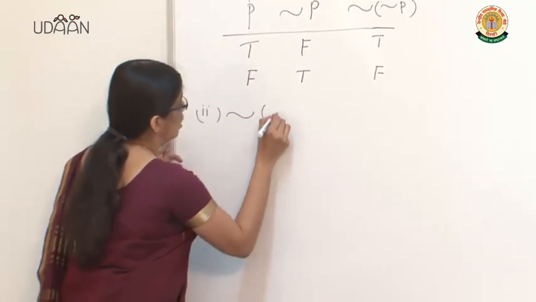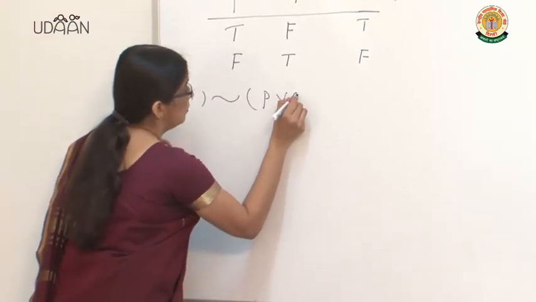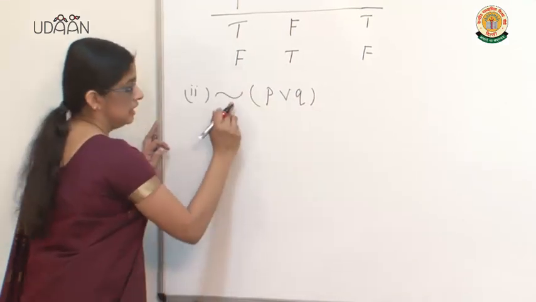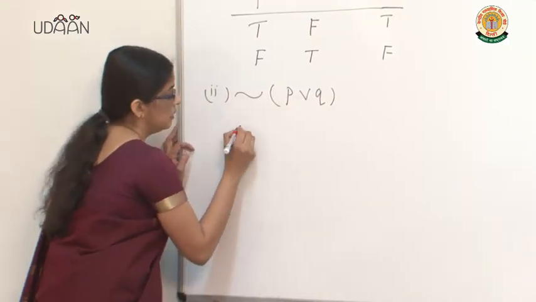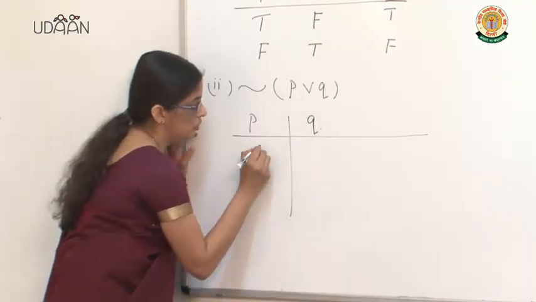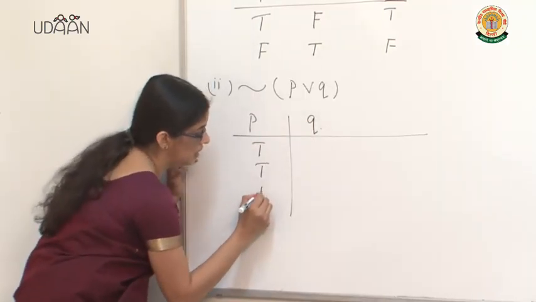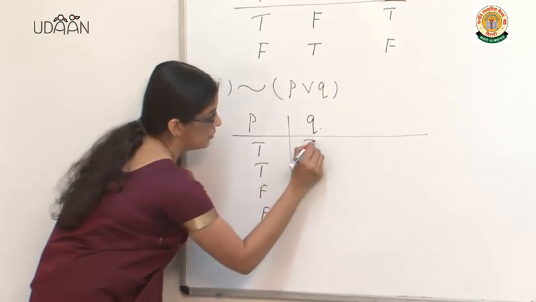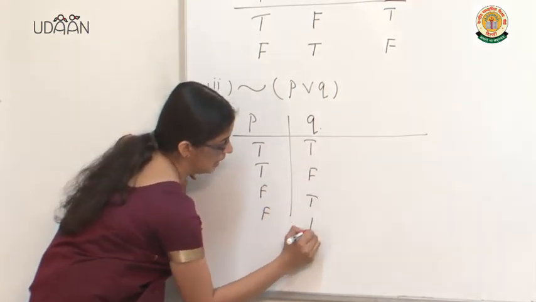Let us see what is the negation of P or Q. It is De Morgan's law. Truth values TT, FF, TF, TF.